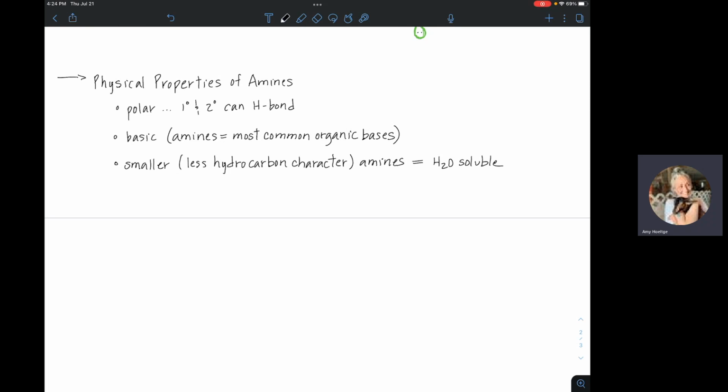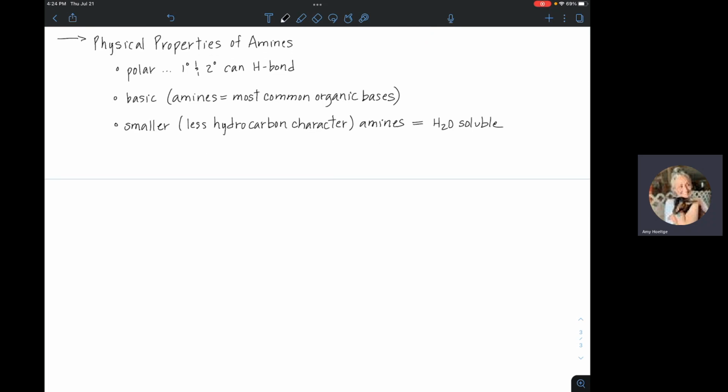Right? If you increase the amount of hydrocarbon character, you're increasing the non-polarity, the non-polar nature of the molecule. So a smaller amine, something like methylamine or ethylamine, is water soluble. Something else that we probably can remember from the aromatic chapter is that aliphatic amines are going to be more basic than aromatic amines.